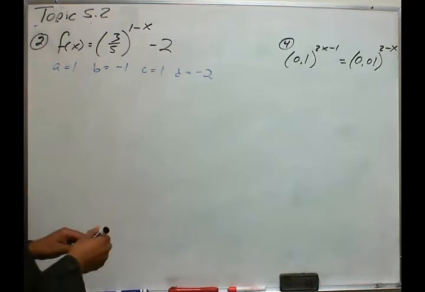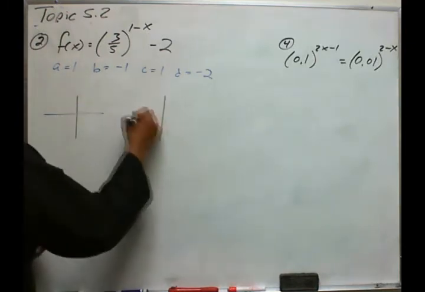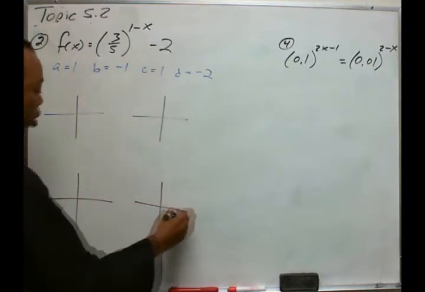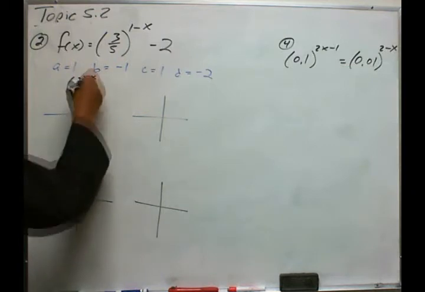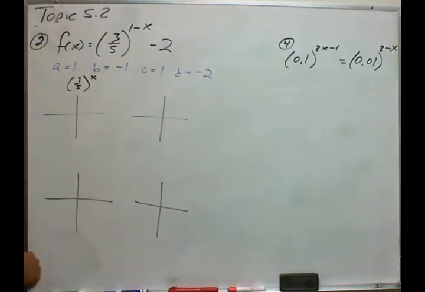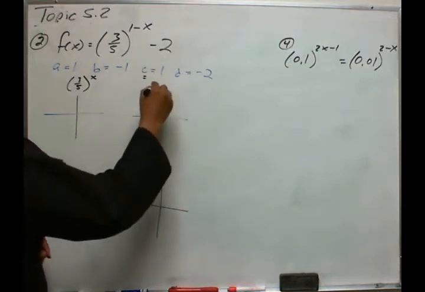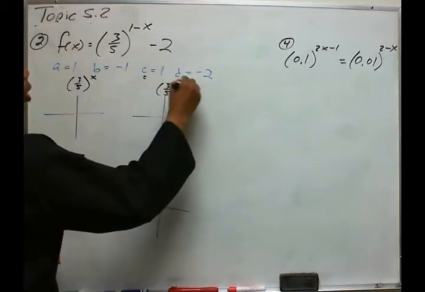So we're going to remove all the parameters and get our graph down to its basic, which will be 3/5 to the x power. Next, we'll put our parameters back on, starting with C. So this will be 3/5 raised to the 1 plus x power.